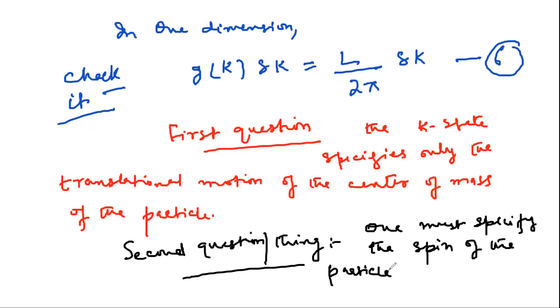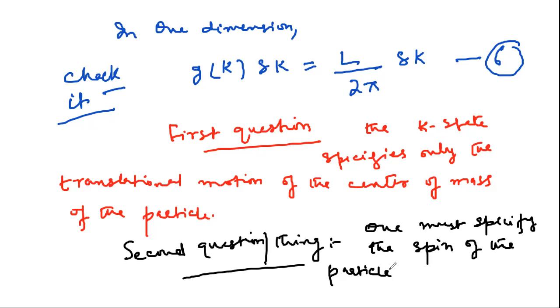Only then you can specify that wave. So these two things we have to take into consideration. One is the spin or the polarization of the corresponding wave, and the second thing is the internal degrees of freedom.